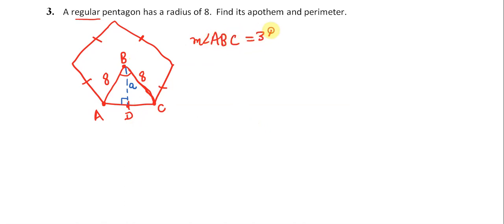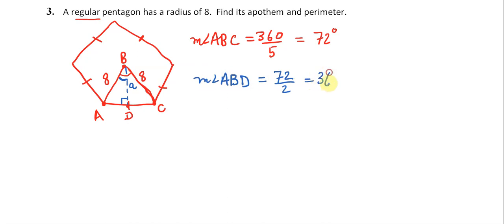And the central angle, the measure of angle ABC, is 360 divided by the number of sides, in this case 5. So we're going to get 72 degrees. Okay, so that big angle there, the red one, is 72. Now the blue angle, this little one in here, is just half of that. So the measure of angle ABD is 72 over 2, or 36 degrees.